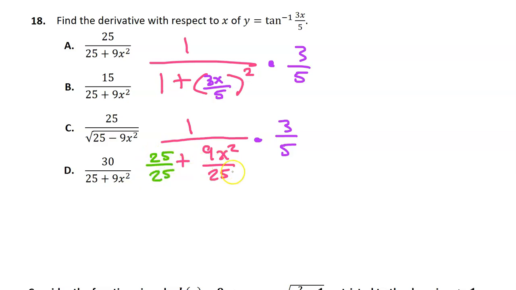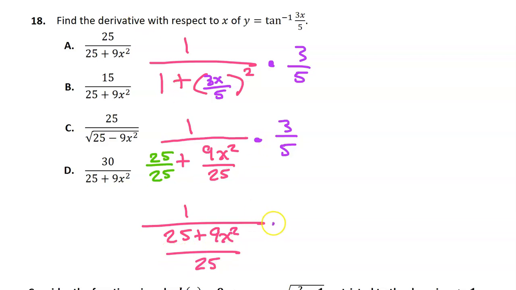So now I can combine these. So I will have 1 over 25 plus 9x squared over 25. And I've still got times 3/5 hanging out there. But when you have 1 over a fraction, it is just the reciprocal. So look, if I have 1 over, and then I have a over b, that is simply going to be b over a.